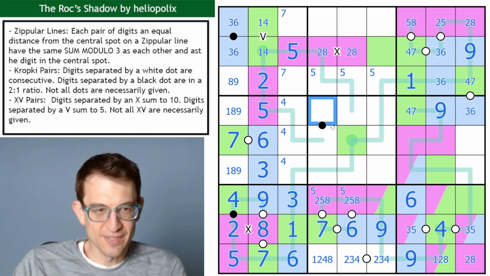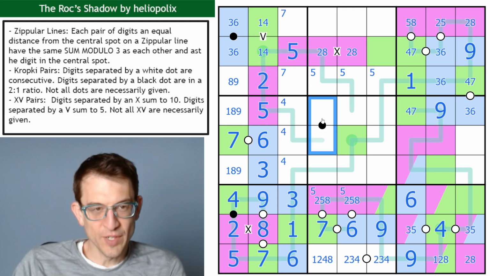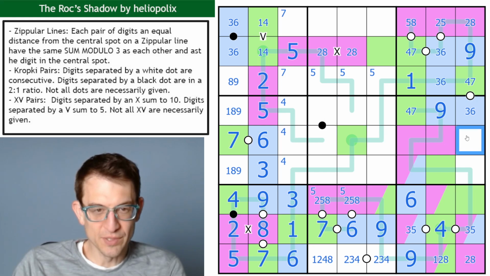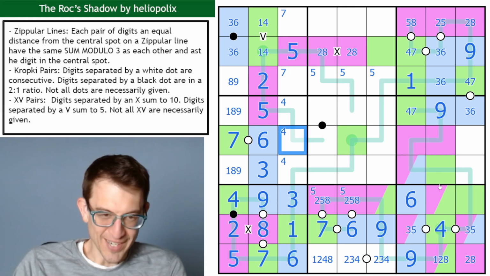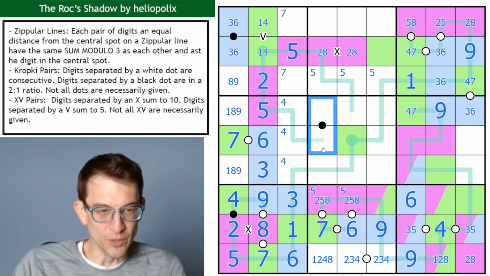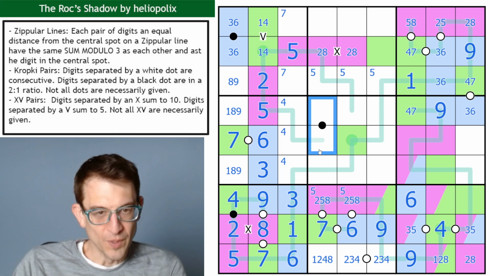Let's go back to this. If this is green pink, I get a lot of blues. Two of these 3 are blue now, but it's not all 3. Okay, if these are both blue, what happens?